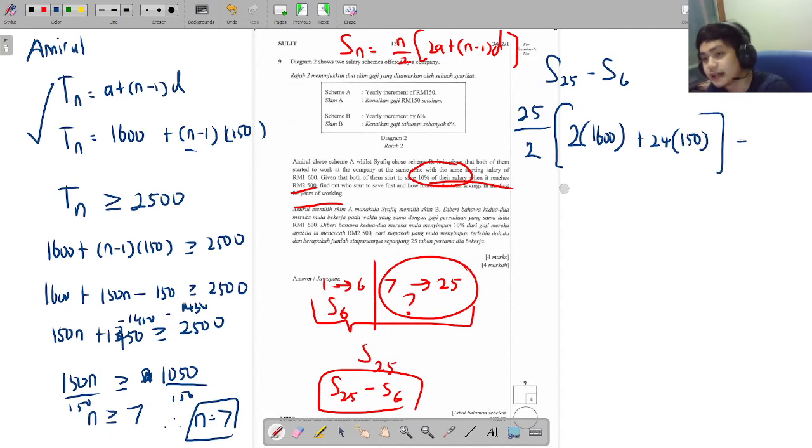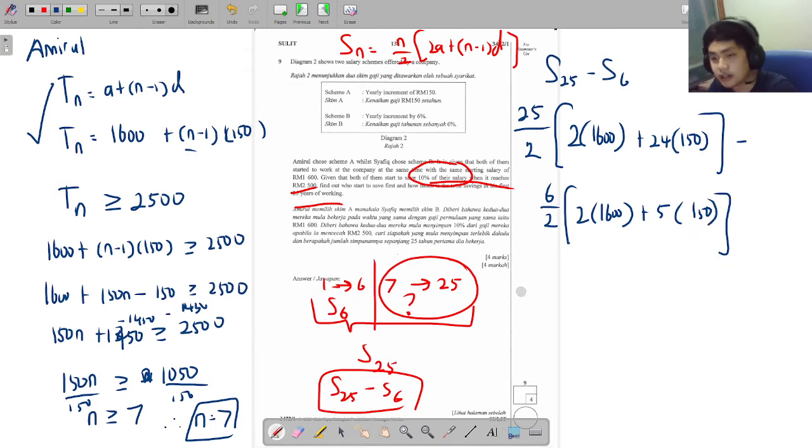This will minus S6, which is 6 over 2, 2 times 1,600, plus 6 minus 1 is 5, times 150. So from here we're going to count: 25 over 2 is 12.5, and 2 times 1,600 plus 24 times 150 is 6,800. Minus 6 divided by 2 is 3, and 2 times 1,600 plus 5 times 150 is 3,950.